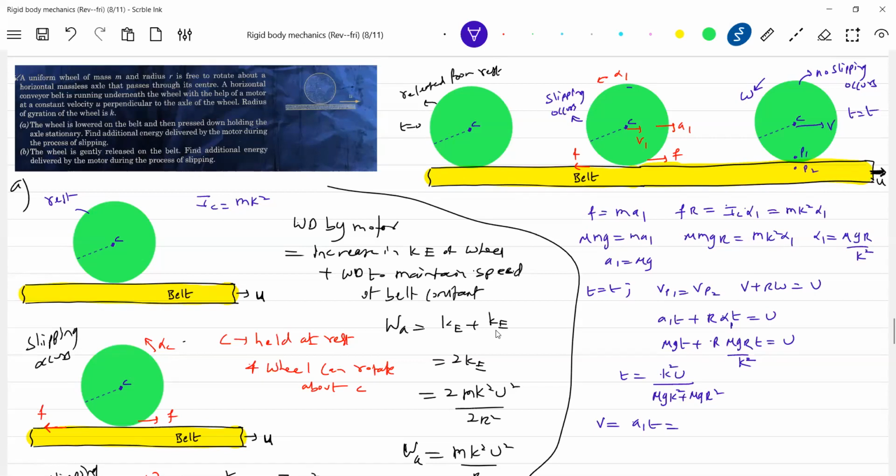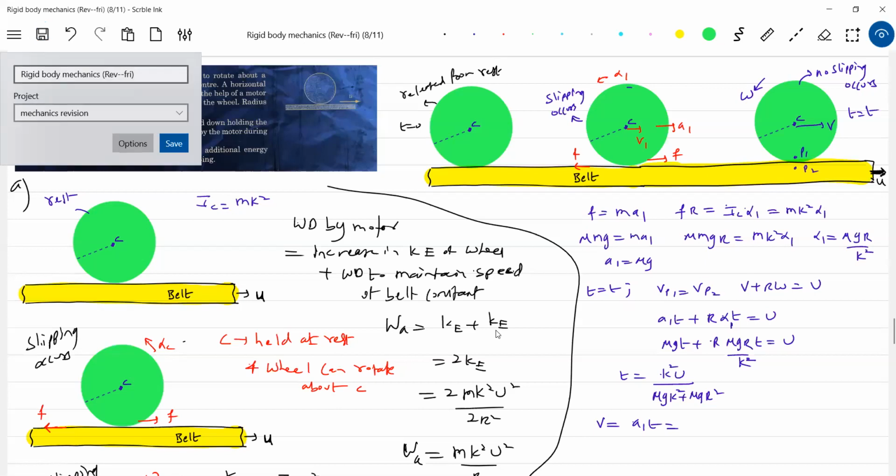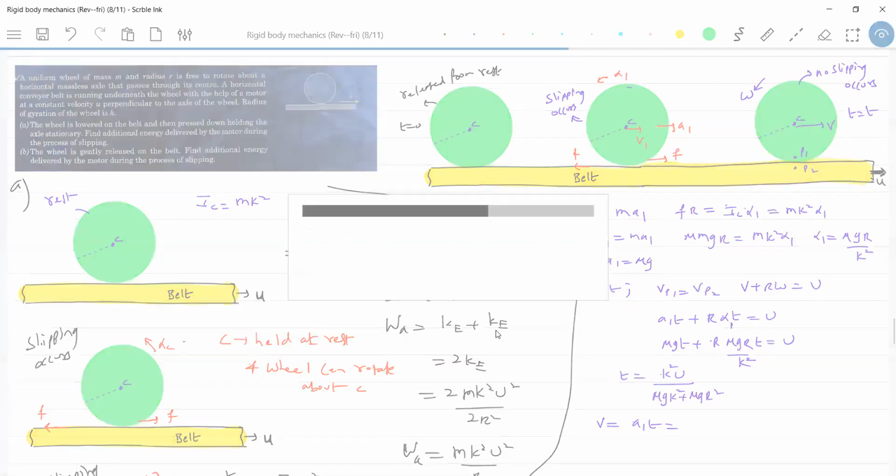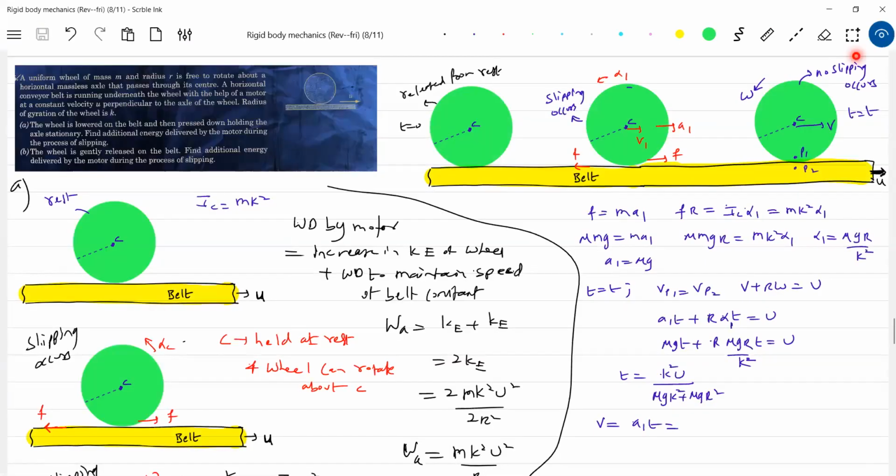On the belt. On the wheel there is a frictional force acting. To maintain the conveyor belt velocity constant, it should provide a force equal to F on the conveyor belt. So we can directly say F into ut.